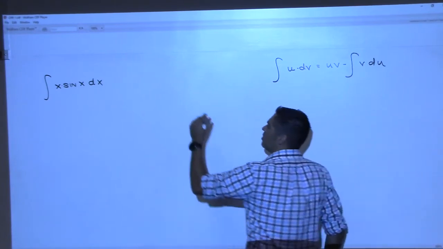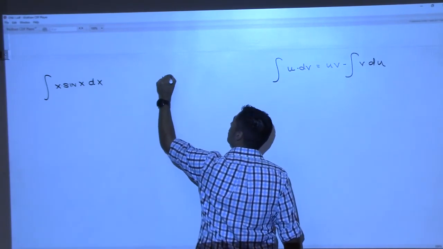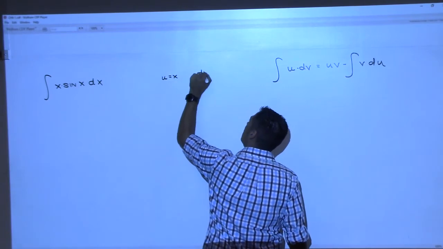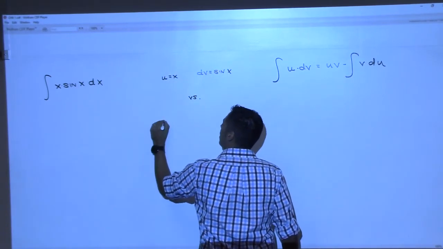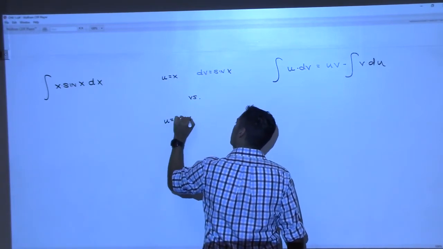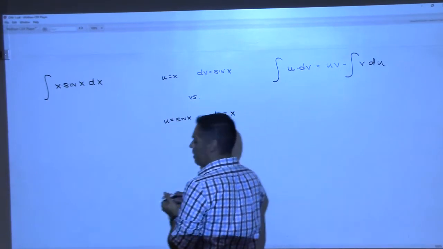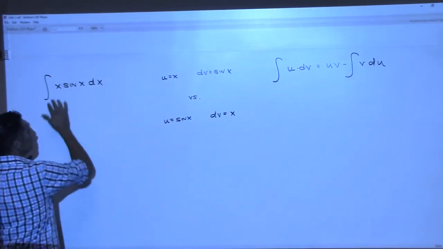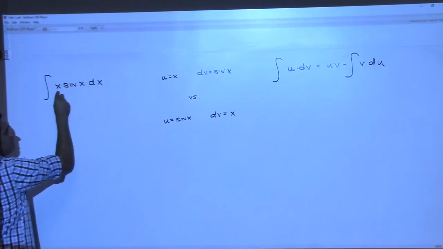I'm going to have you consider this. Please don't write this down right now. Compare if I let my U be x and my dV be sine x, versus if I let my U be sine x and my dV be x.